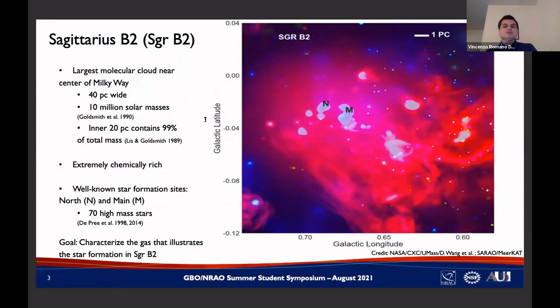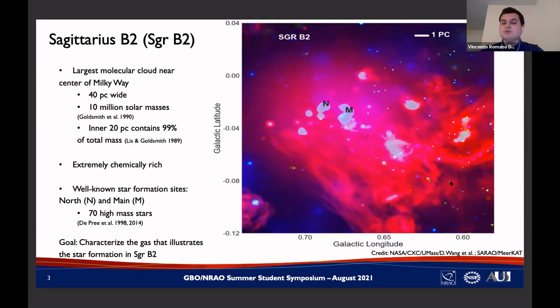Sagittarius B2 is the largest molecular cloud near the center of the Milky Way galaxy, with a width around 40 parsecs and a total mass around 10 million solar masses. Looking at this image to the right, which is a composite of X-ray and radio data, we can see around the inner 20 parsecs or so of Sagittarius B2, which coincidentally corresponds to 99% of the mass of the cloud.